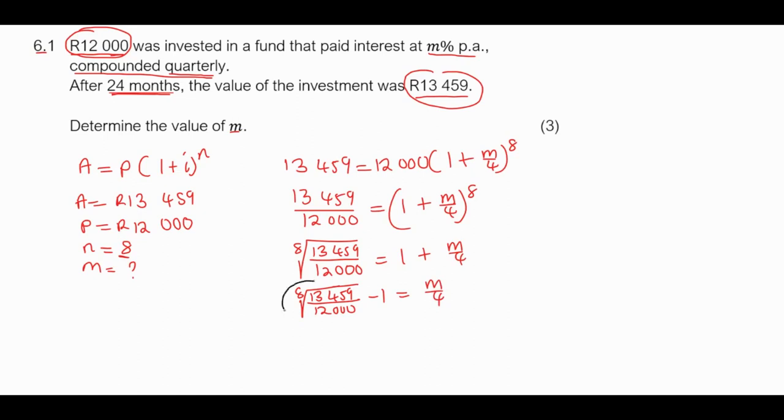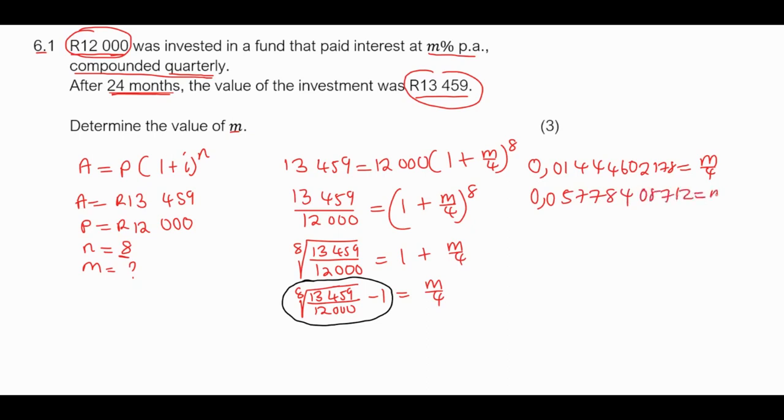If you put this in the calculator, this will give you 0.01444602178 is equal to M over 4. And then you can multiply both sides by 4. This will give you 0.05778408712 is equal to M.